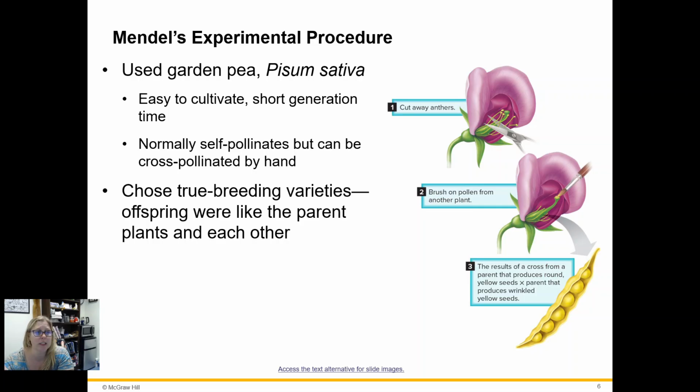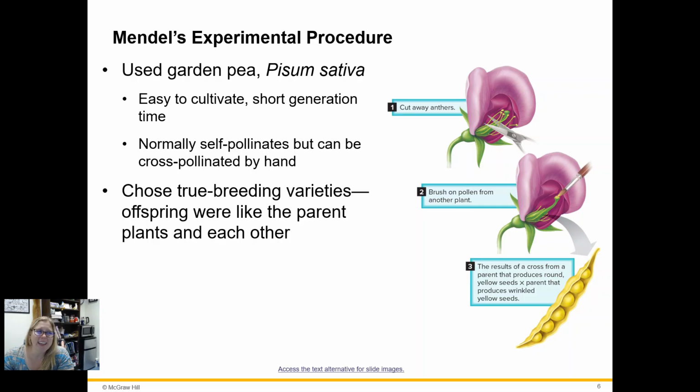And so this was really huge. If he had chosen any sort of flower that was open, it couldn't have been a very controlled experiment. You don't know if they're wind pollinated, if there's bees, if there's other bugs, whatever it might be, and it's really hard to control that. But because these flowers were closed, he was able to control that.